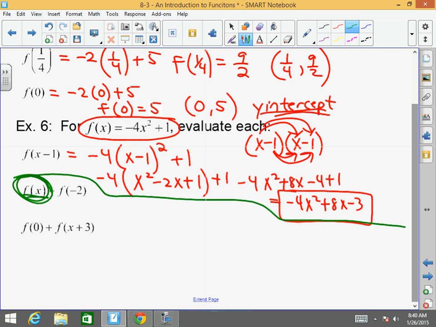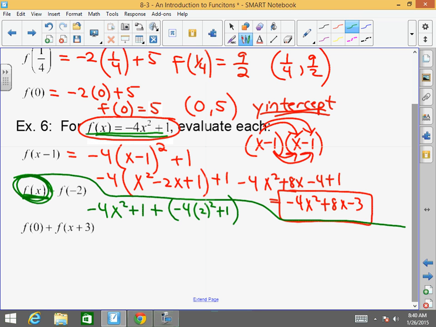Right here it's just x. Why would it be x squared? It's just x. So I have negative 4x squared plus 1, because it's f of x, it's just the function itself, plus f of negative 2. So plus negative 4 times 2 squared plus 1.